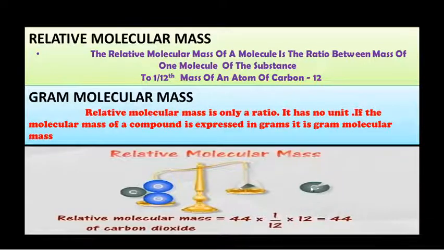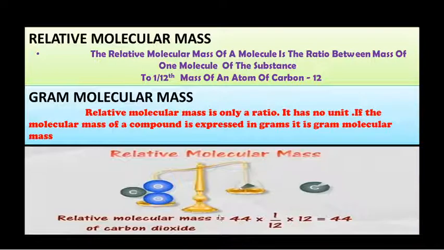The atomic mass of the carbon atom is 12. Among this 12, you just take one part and compare it with carbon dioxide. So we got 44. The relative molecular mass of carbon dioxide is 44.